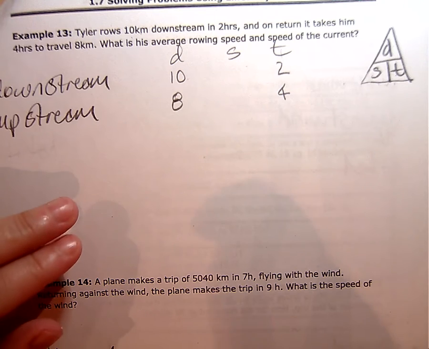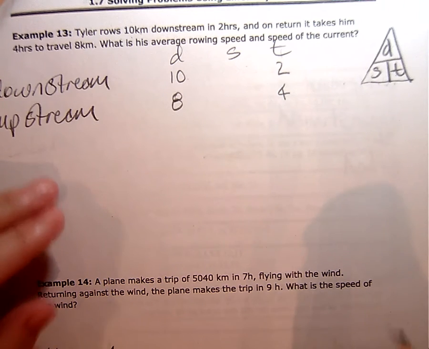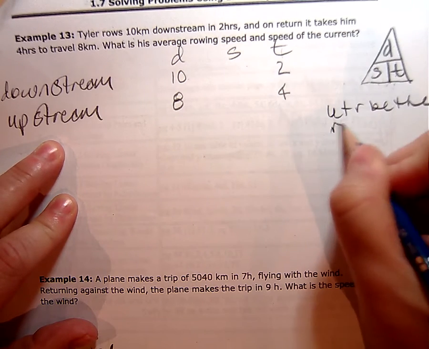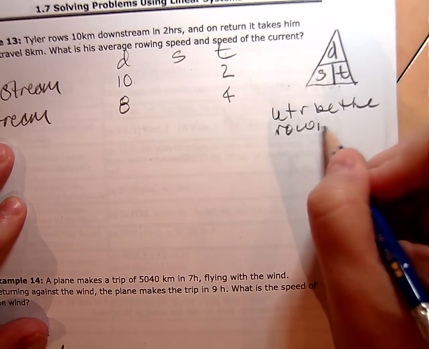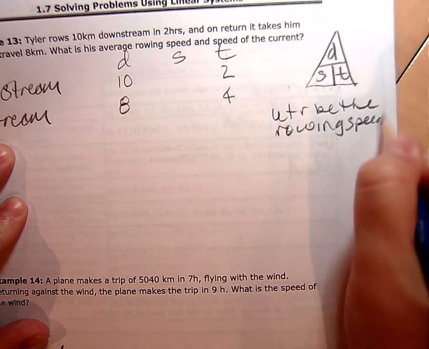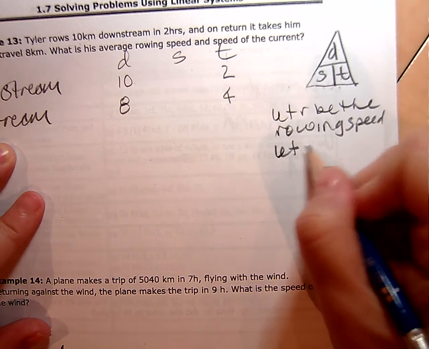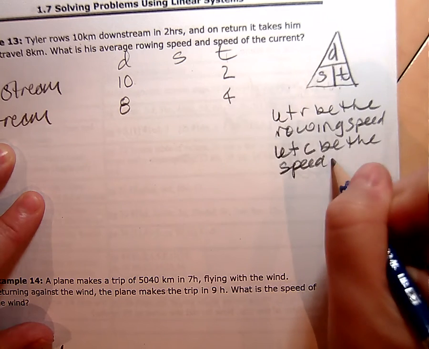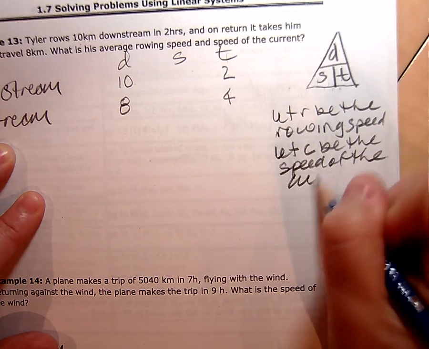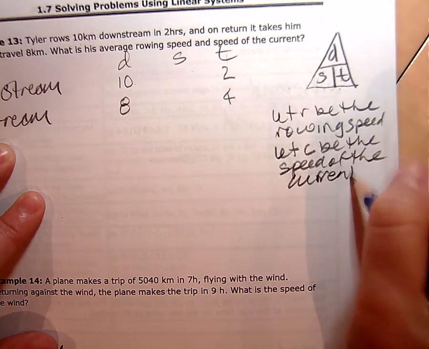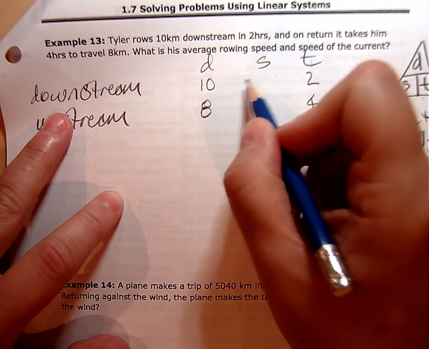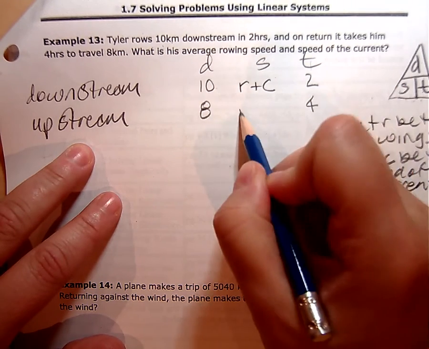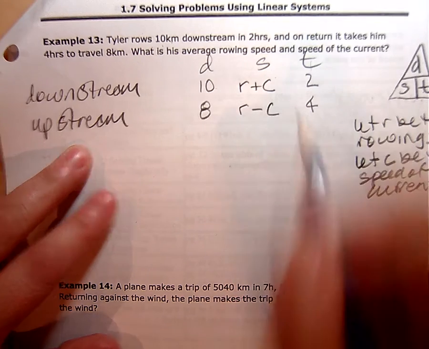So if we're going to do our let statements, let R be the rowing speed, and let C be the speed of the current, then downstream speed is going to be speed of the rower plus speed of the current, and upstream is going to be speed of the rower minus speed of the current.